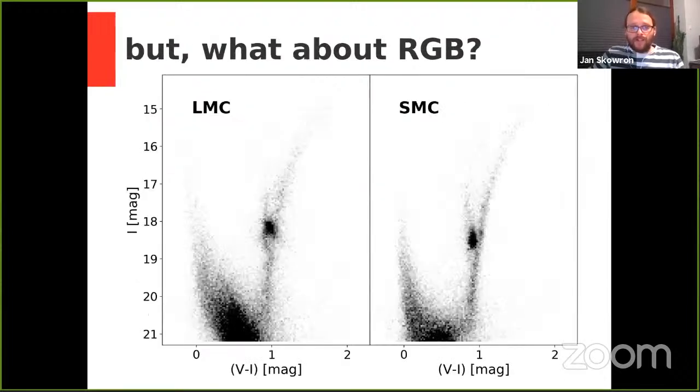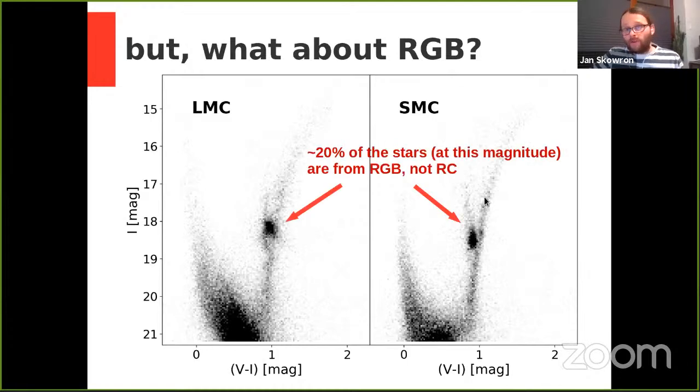The first realization comes in the shape of the red giant branch, which is actually quite significant in both of those galaxies. In a typical line of sight, when you create a color magnitude diagram of the LMC, you would see a Gaussian-like profile, but actually about 20 or 25% of stars in this region are red giant branch stars and not red clump stars.